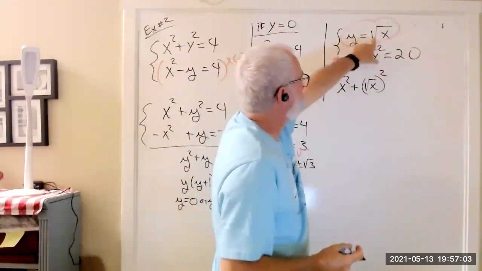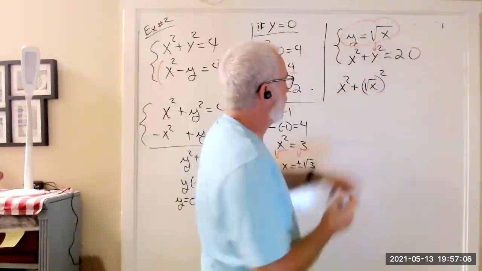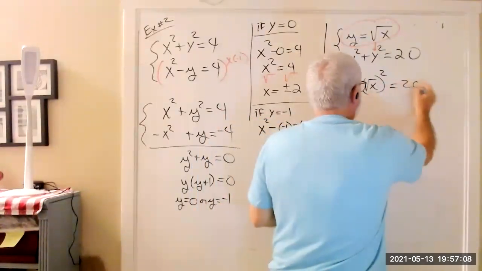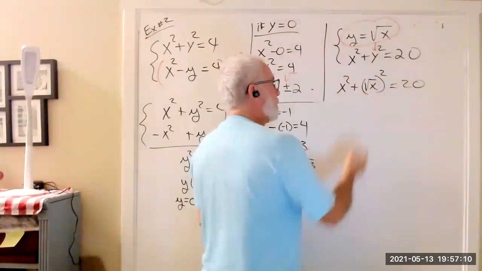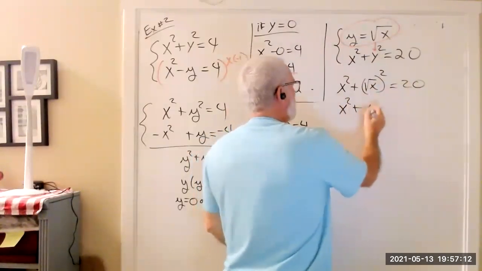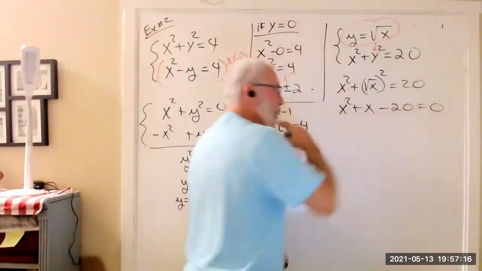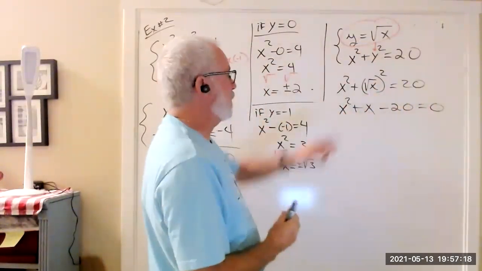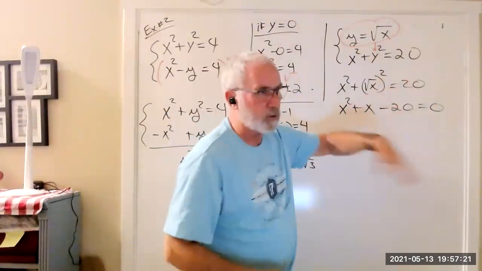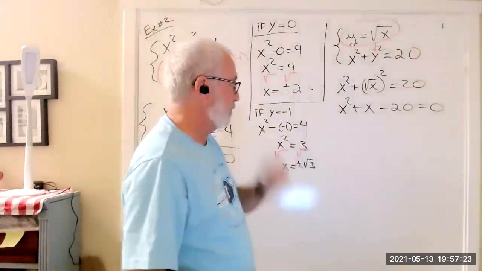But if y is the square root of x, I'm doing square root of x squared equals 20. So I get x squared plus x minus 20 equals 0. I know that because it's a power equation, x squared, it's got to equal 0, so I can do all that factoring stuff.